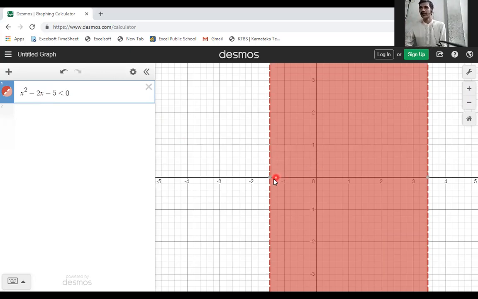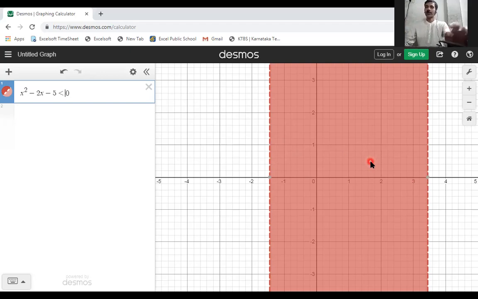What is the root? 1 minus root 6 and 1 plus root 6. We have calculated minus 1.4, rounded off to two decimals. Here it is giving minus 1.449. We have rounded to two decimal places. So x takes values in between minus 1.45 and 3.45. The x values lie between these two. This quadratic inequality will take the region in between these two.